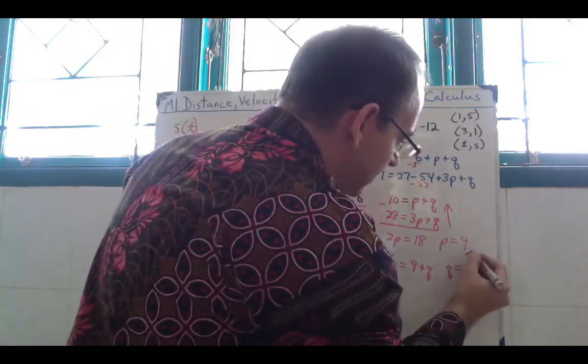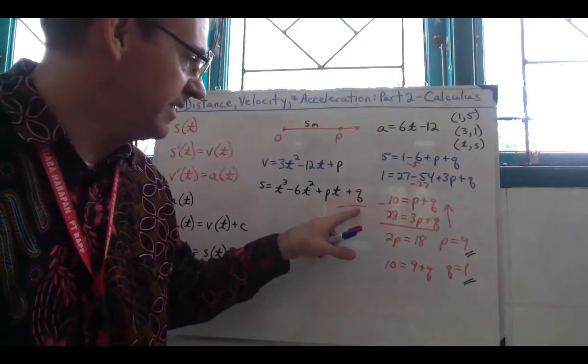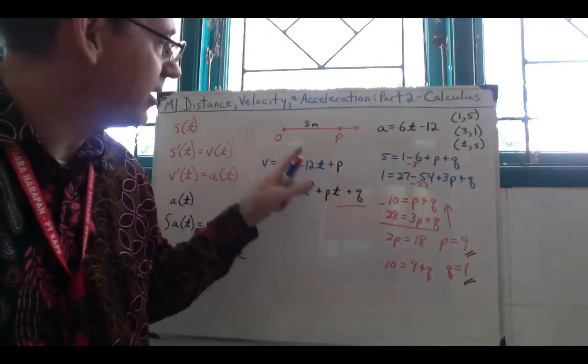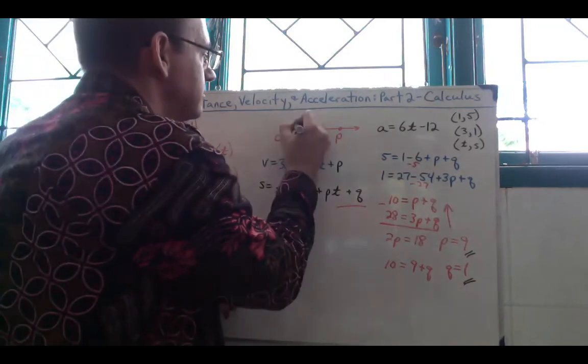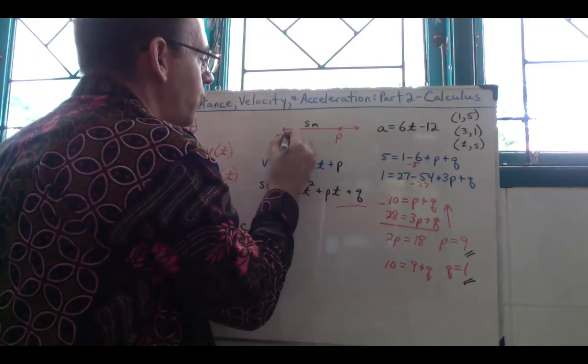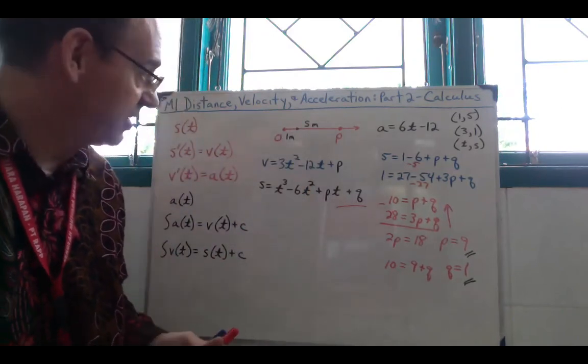What does that mean? Well, if q equals 1, that means we didn't actually start at the origin. Our displacement started already right here, 1 meter away from the origin.